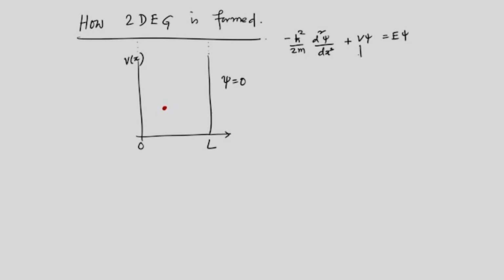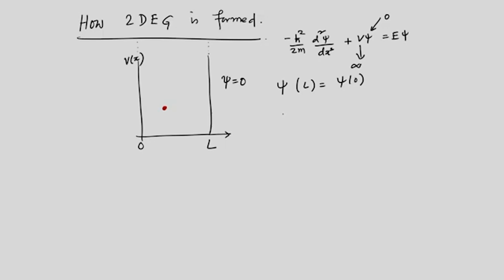And if this term goes to infinity, which it does outside the box, then this has to be equal to 0. So, the wave function has to be 0, and it has to smoothly match with the boundaries. The boundary condition is that psi at L equals 0, and it has to vanish.